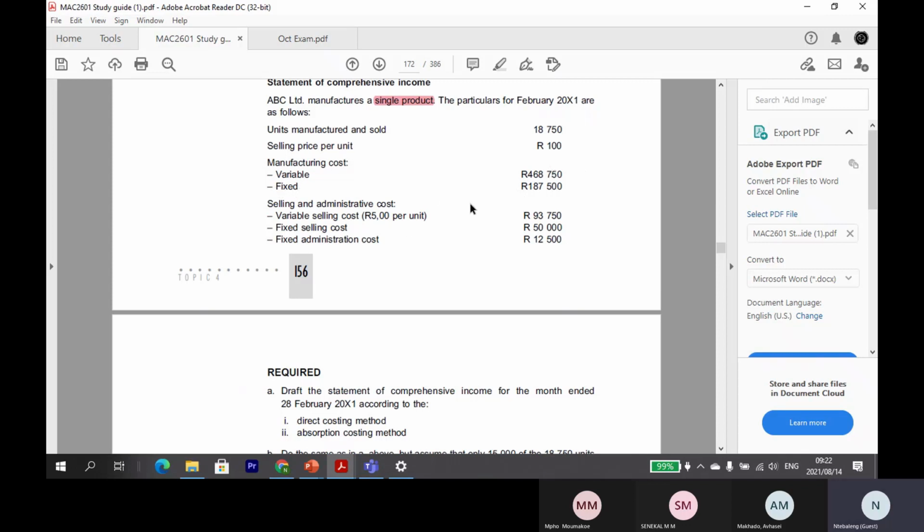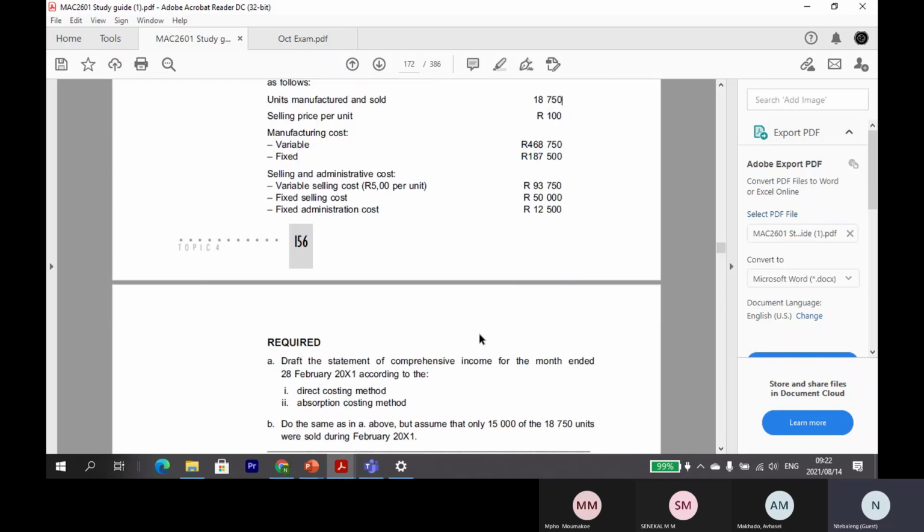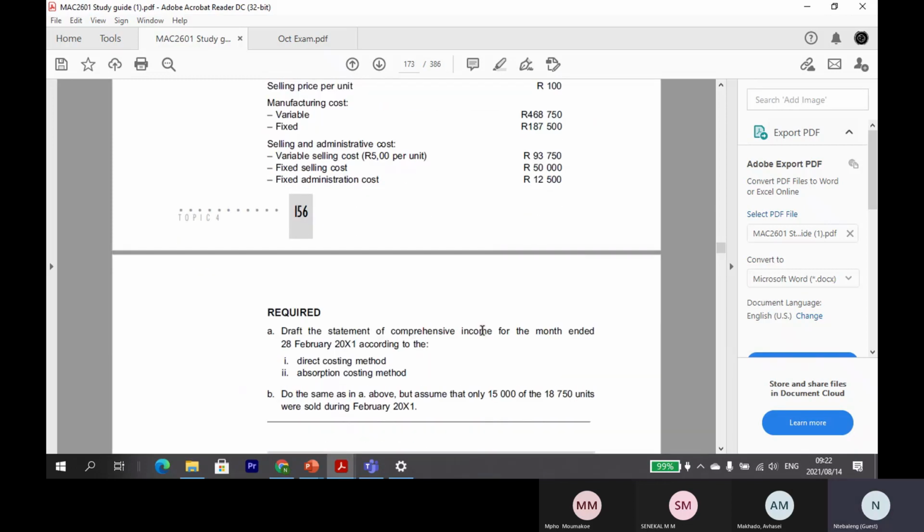So they gave you the total cost, right? Manufacturing. Selling and administrative costs: they give you the variable selling cost is 5 Rand per unit. They give you the total cost. Fixed selling costs 50,000. Fixed admin cost is 12,005.